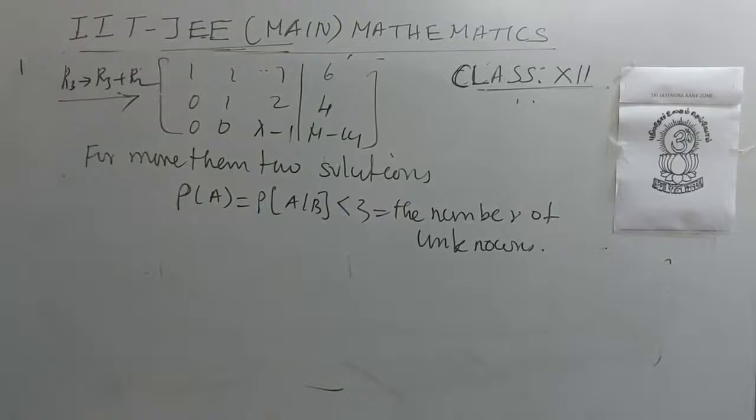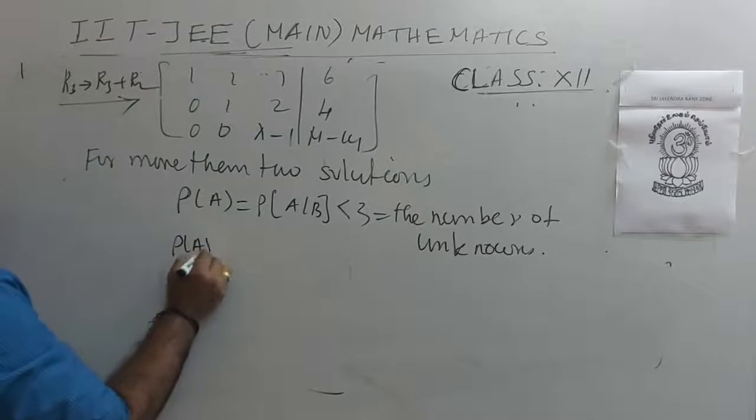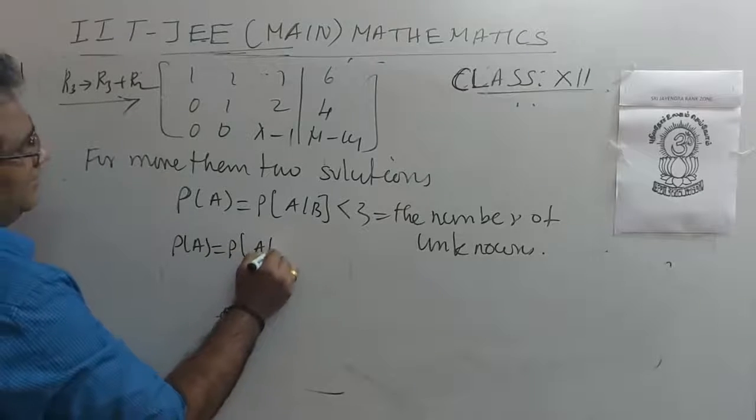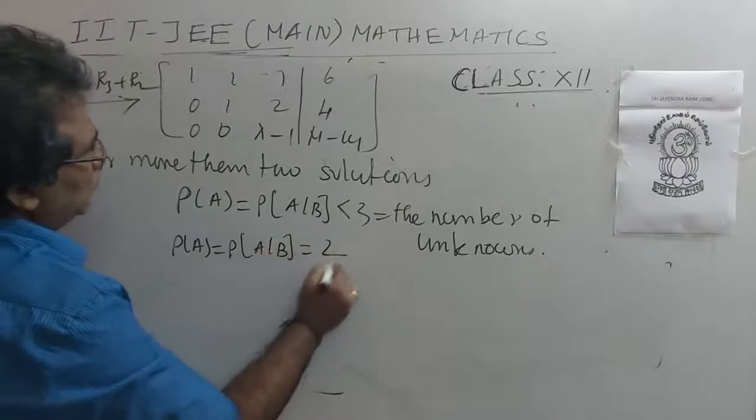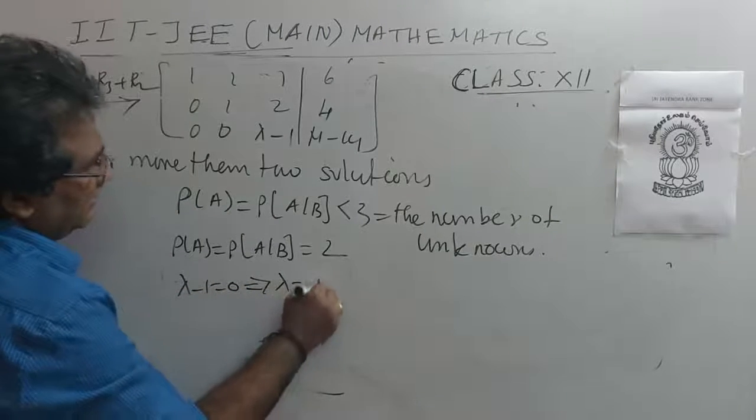Less than 3 means the rank of A and the augmented matrix AB equal to 2. So, lambda minus 1 equal to 0, which means lambda equal to 1.